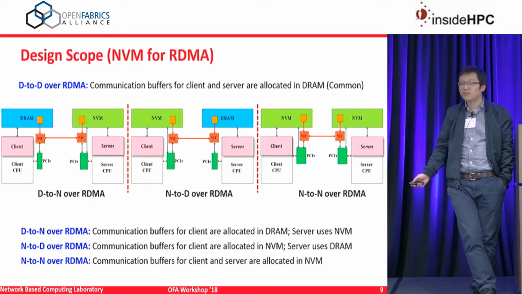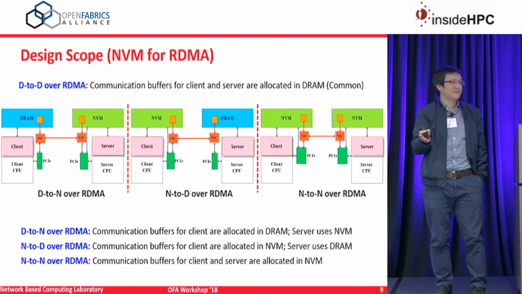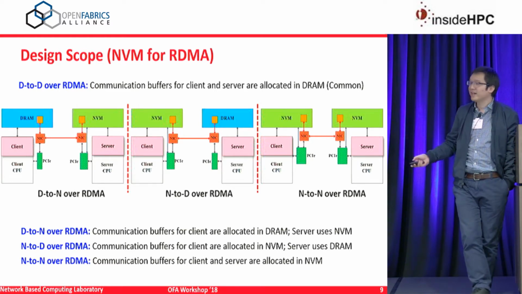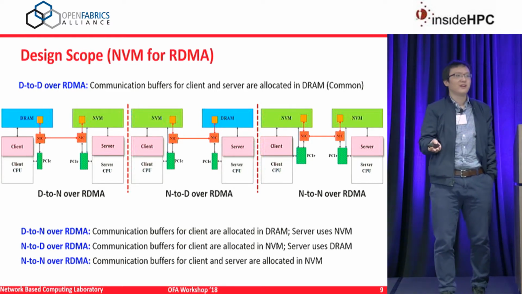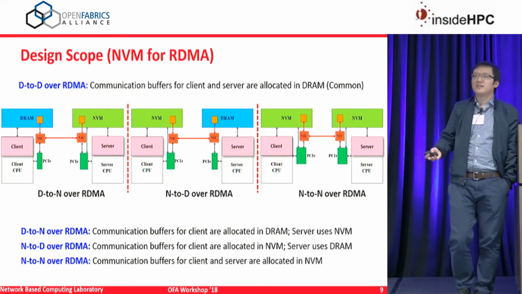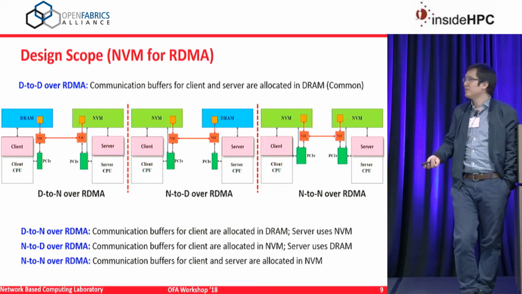If you look at the scenarios in your real application when you do data transfer for DRAM and NVRAM, there are basically 4 cases. You can do DRAM to DRAM communication over RDMA, or DRAM to NVRAM, so your source is DRAM, but your destination may be NVRAM.